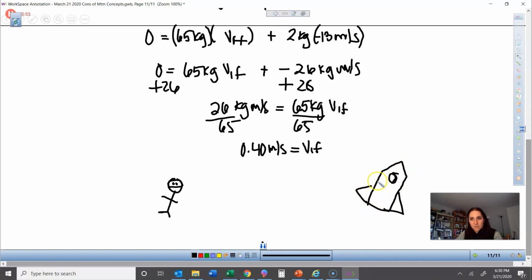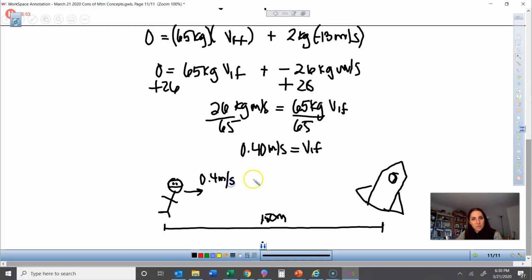I don't know what you put on this thing, stripes or something. That's good enough. Okay, so we're 150 meters away. So we're pretty far, right? And now that we threw that wrench, we're moving in this direction, which is good, with this speed.